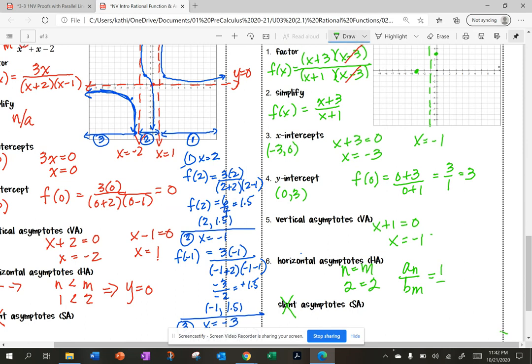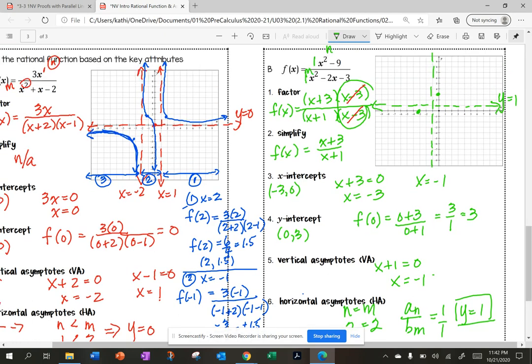So 1 divided by 1. So y equals 1 is my horizontal asymptote. And we do have a hole in this one because we had this removable discontinuity.